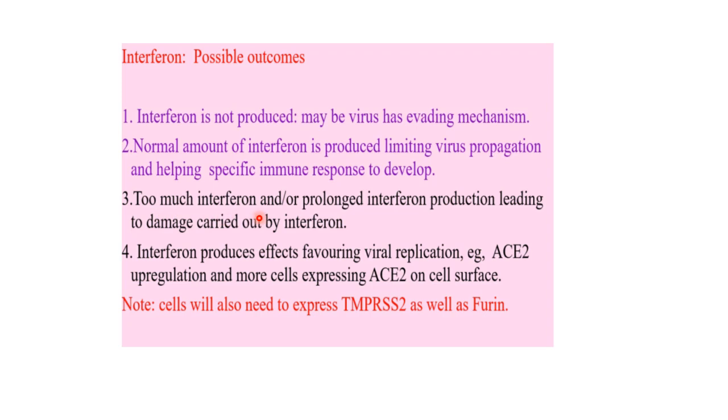Too much interferon and/or prolonged interferon production, leading to damage carried out by interferon. 4. Interferon produces effects favoring viral replication, for example ACE2 upregulation and more cells expressing ACE2 on the cell surface. But in this case, note, cells will also need to express TMPRSS2 as well as furin.